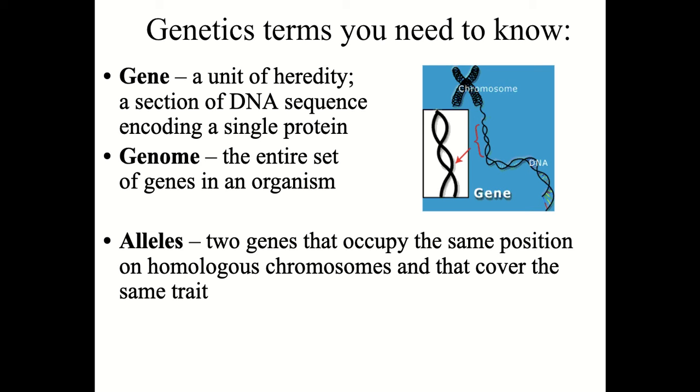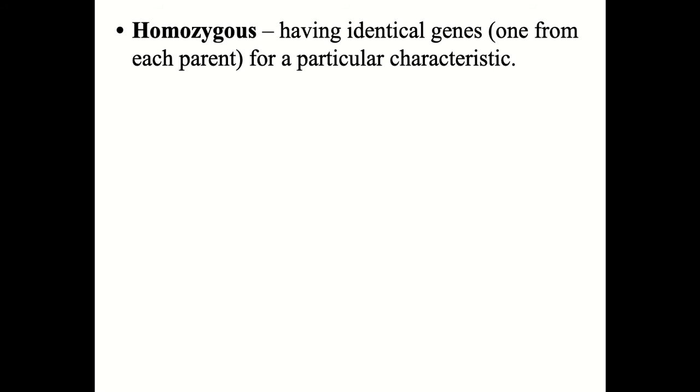So an allele is a version of a gene. So if we have one allele for blue eyes and then an allele for brown eyes, that is a version of a trait. So an allele is just a version of a trait. So you can have the same allele or different alleles. One comes from mom, one comes from dad. So the first thing is homozygous.